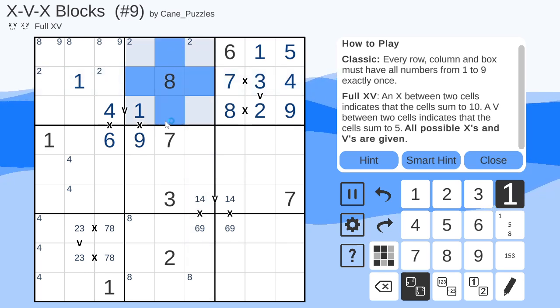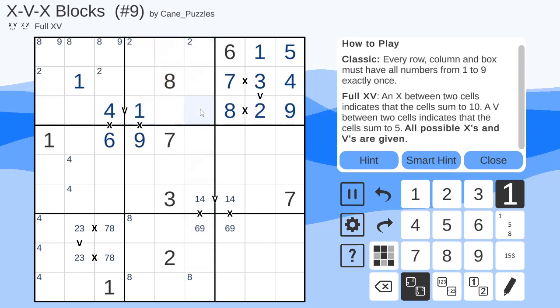7 lives out here. If it's up here, then 7 would be down here. The 4 has to be around here.